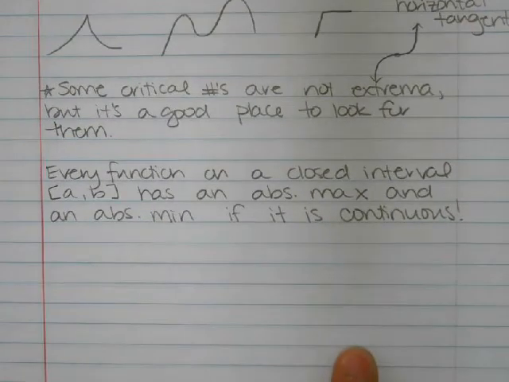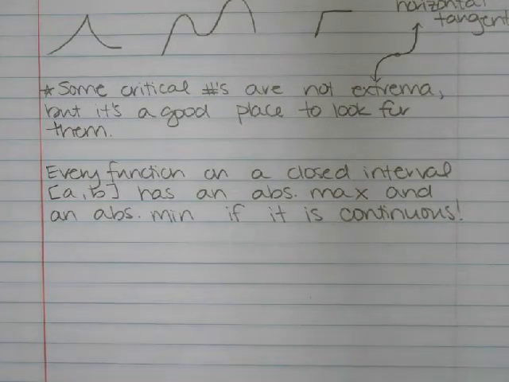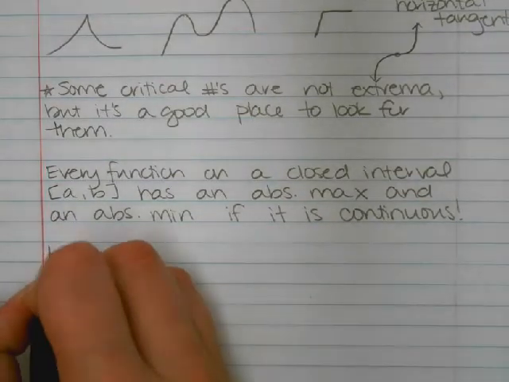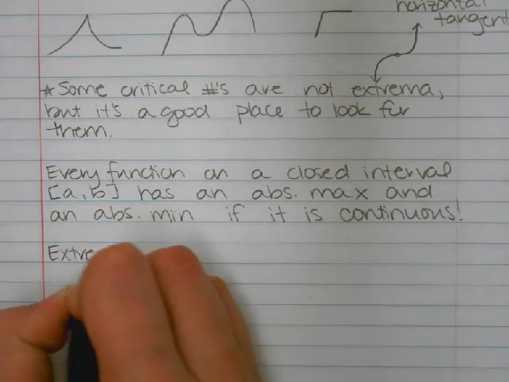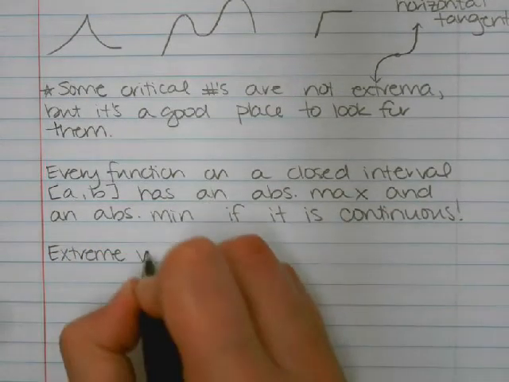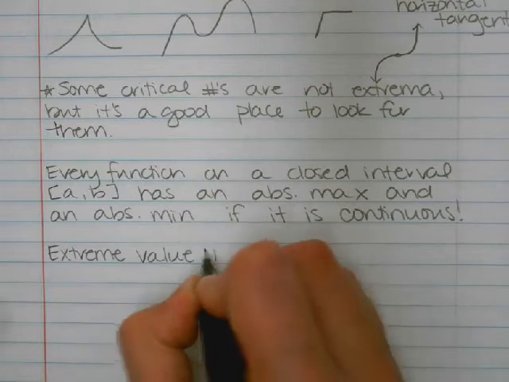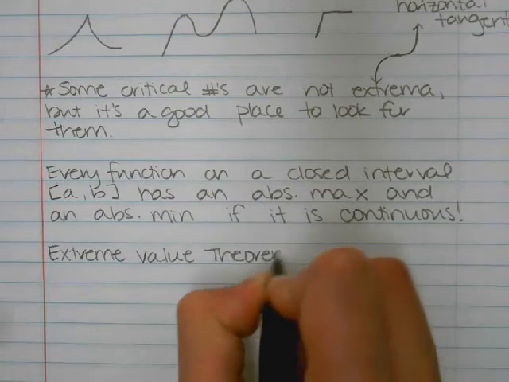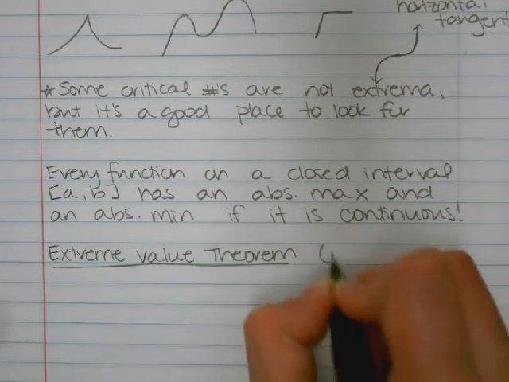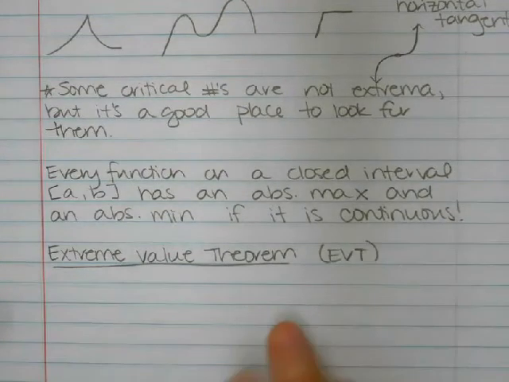All right, so the next thing we want to look at is how do we find these maximums and minimums, like how do we do this by hand? So we're going to learn the extreme value theorem, which we will call EVT for short, so we don't have to write it out every time.